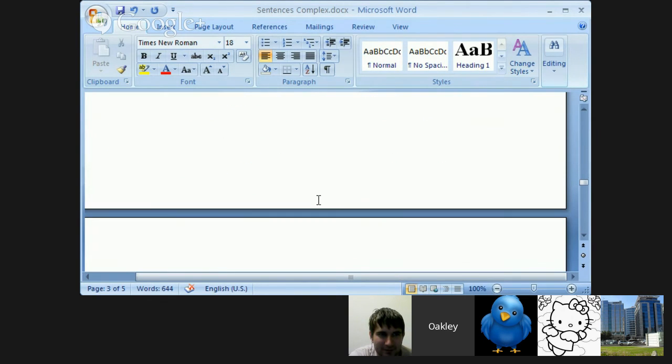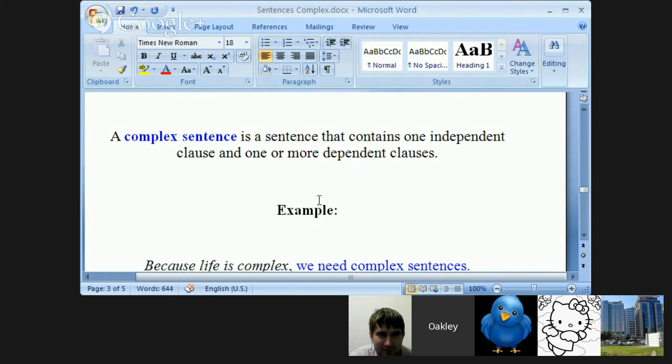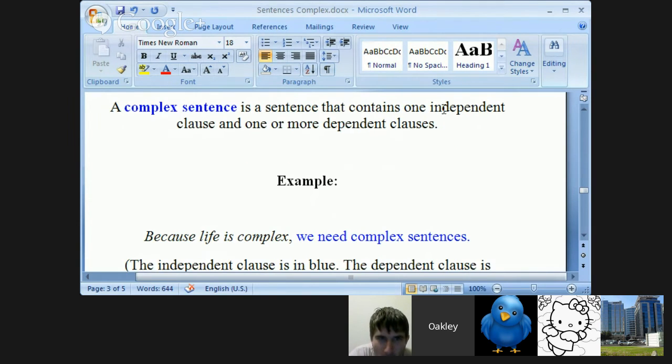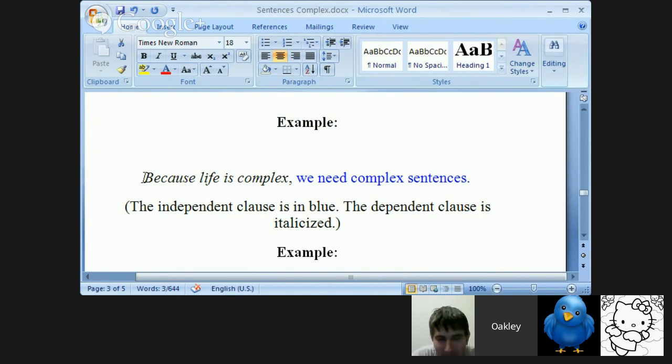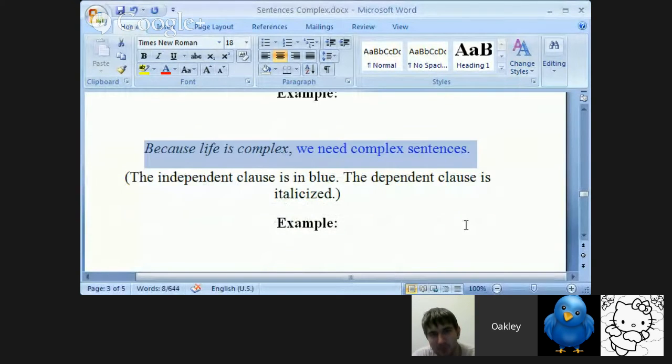Okay. Let's review and maybe add a couple points. A complex sentence, again, contains one independent clause and one or more dependent clauses. Because life is complex, we need complex sentences. Lovely. There's a simple example.